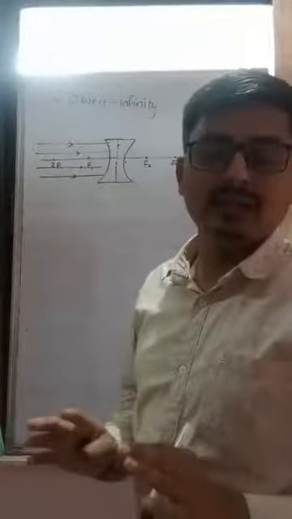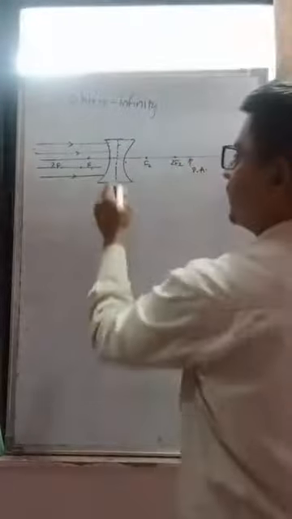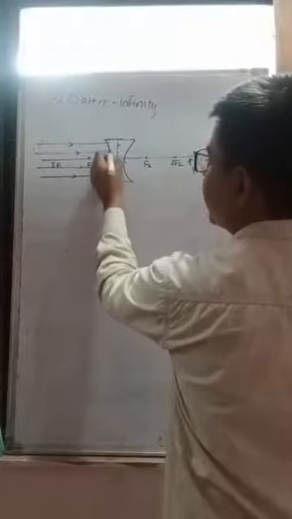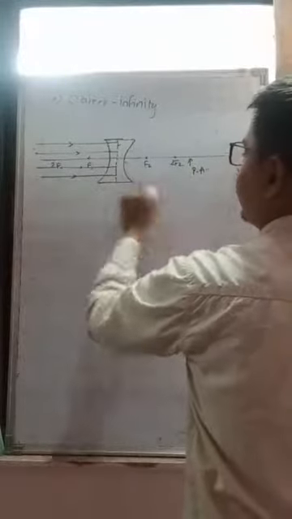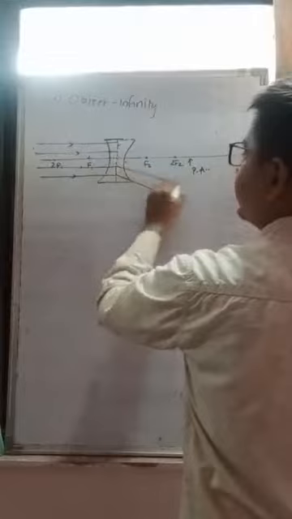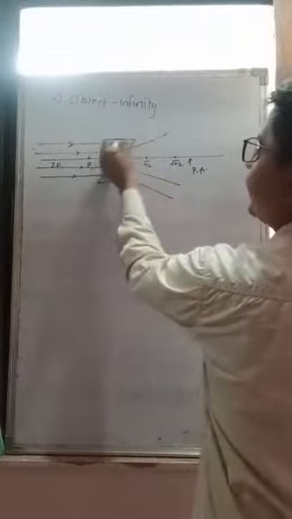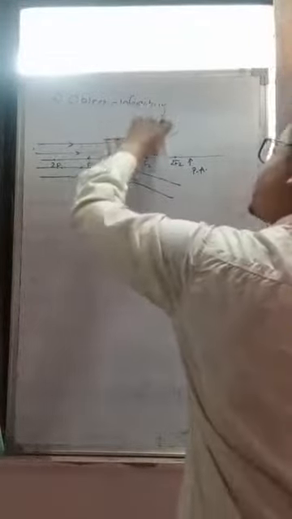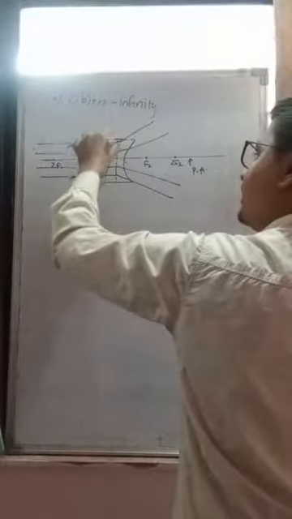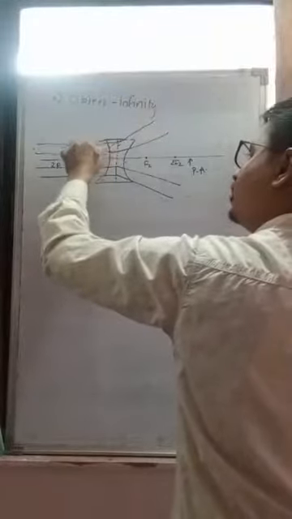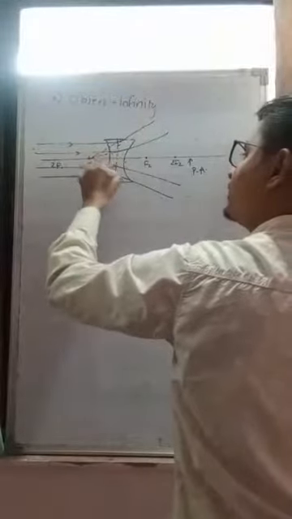Since the object is at infinity, the rays are traveling almost parallel to each other, and they will strike this dotted line, that is, the plane of the concave lens, and they will be directed away from each other. If we see them, we observe that they are moving away from each other, but if we extend them backward, we feel that all the rays are emerging from the same point. This point we call the focus.